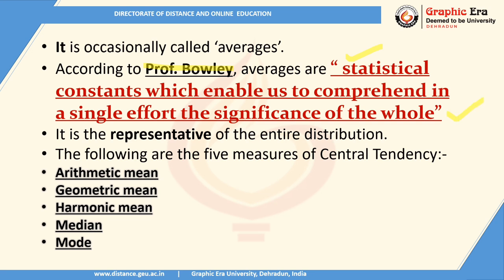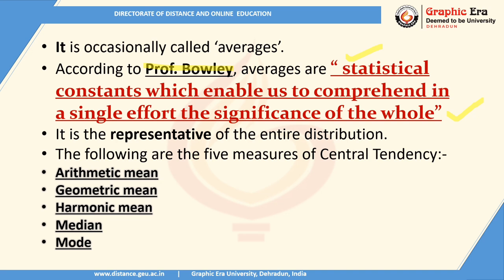Means by the statistical constants we can comprise the entire data by an effort in the form of average. So it is the representative of the entire distribution. The following are the 5 measures of central tendency.